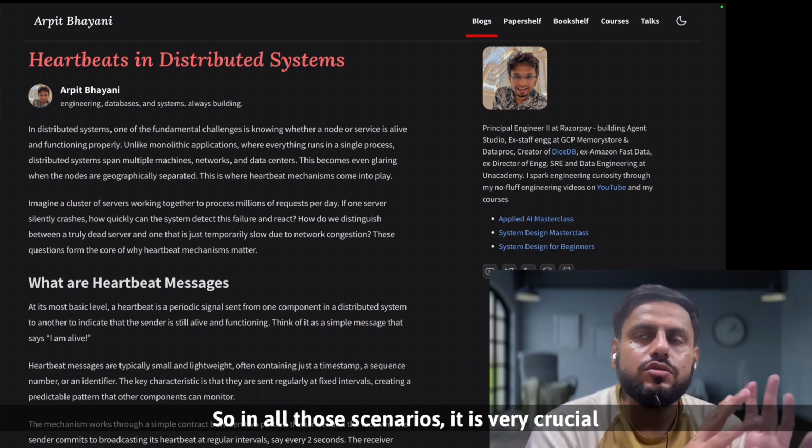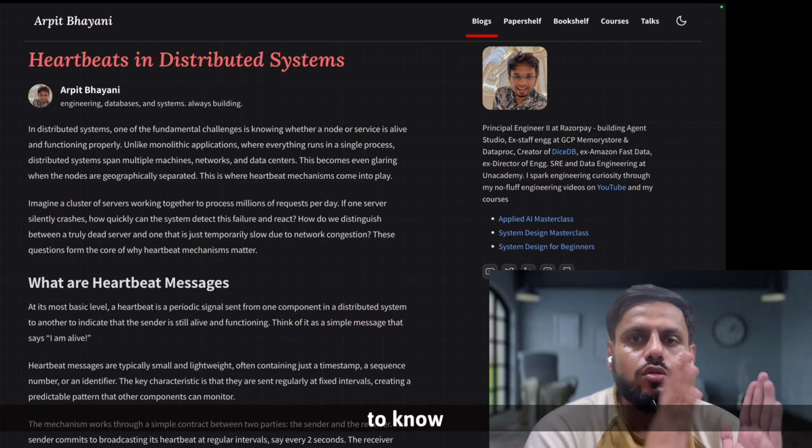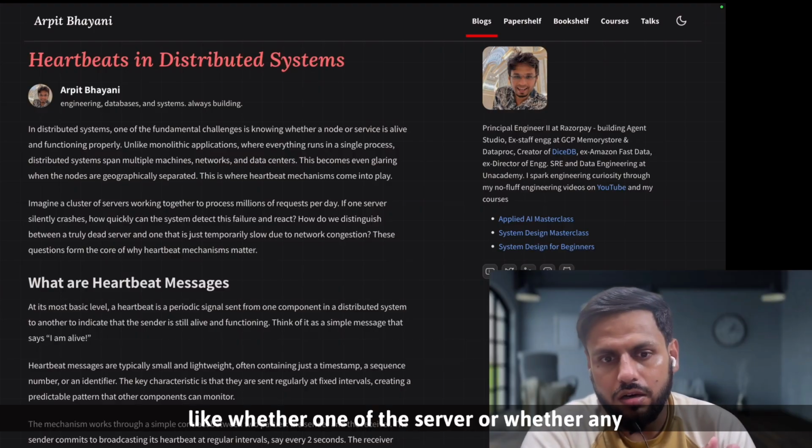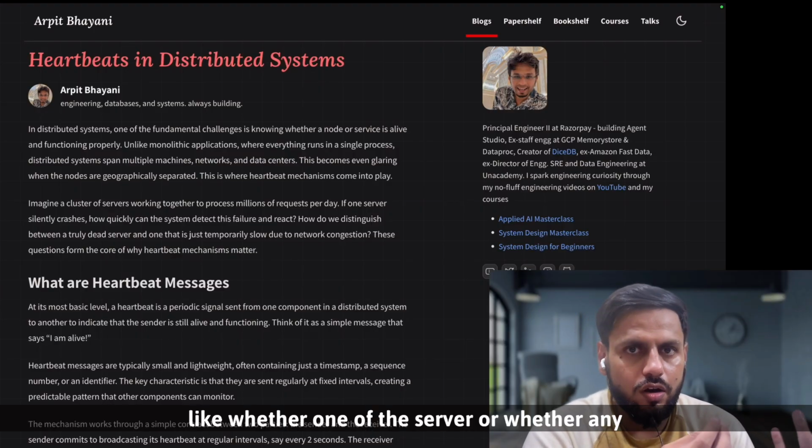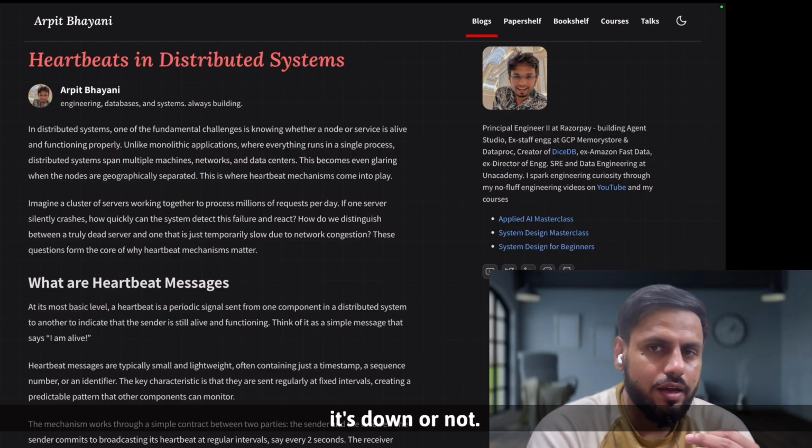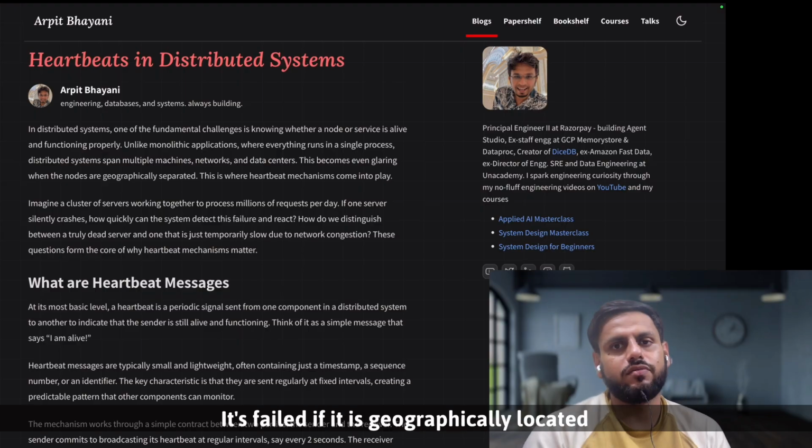So in all those scenarios, it is very crucial to know whether any node is down or not, whether it has failed.